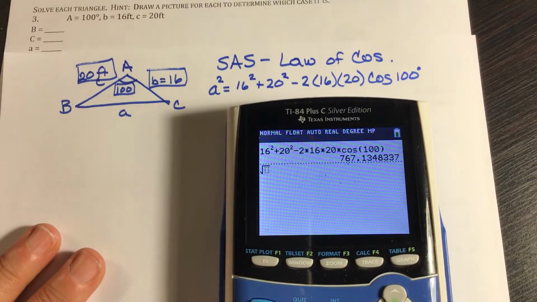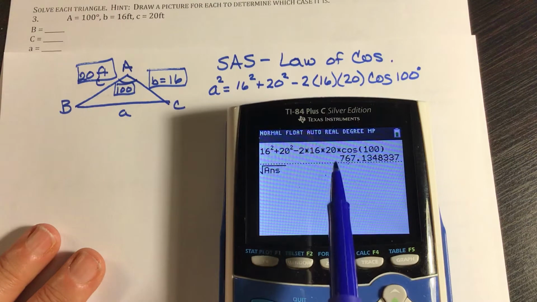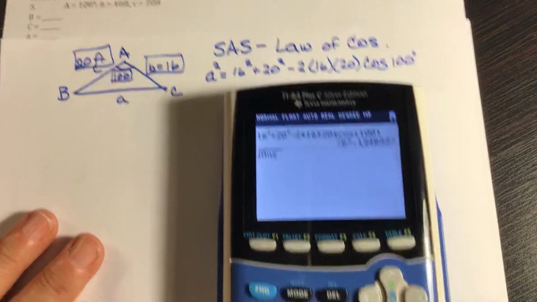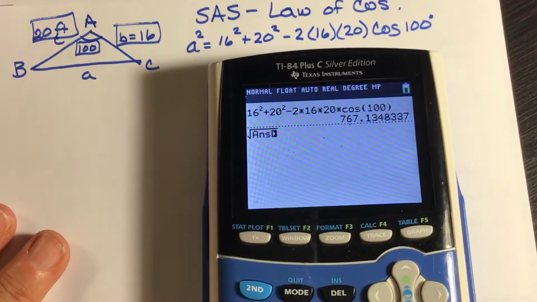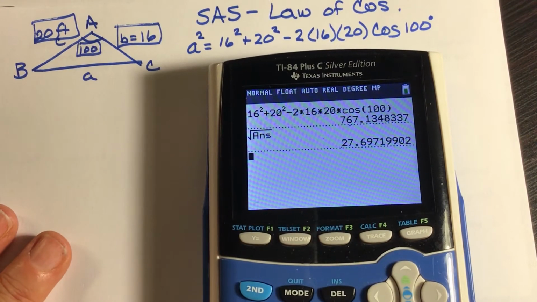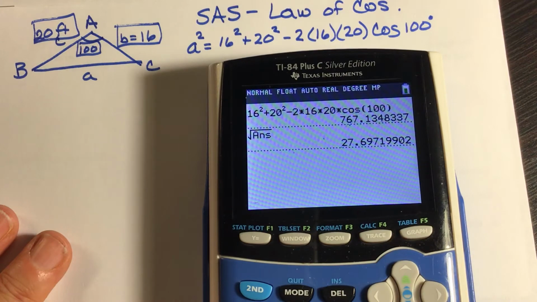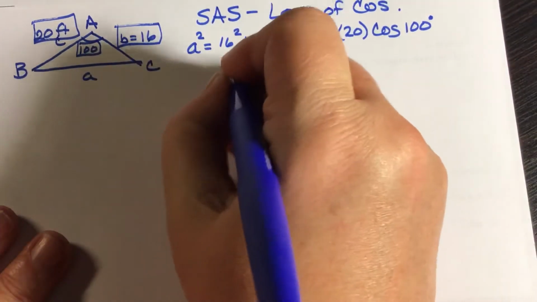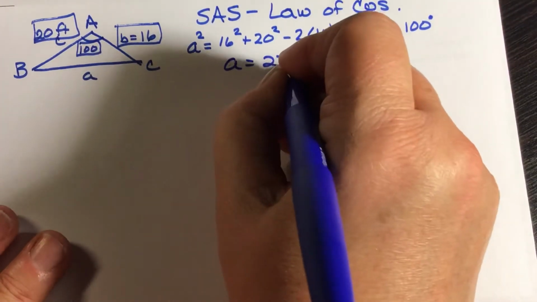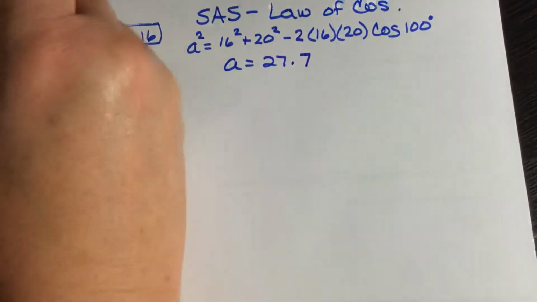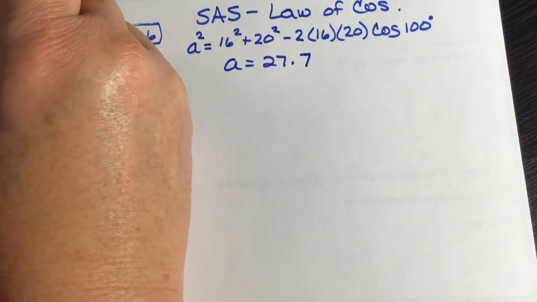So if I do second answer, it's going to take this value and put it underneath the square root sign. And that gives me 27.697, 27.7. So A is 27.7.